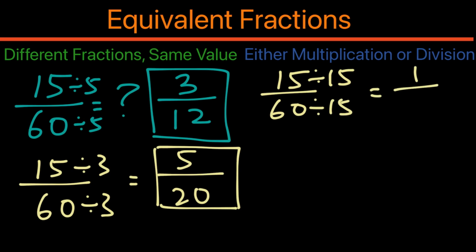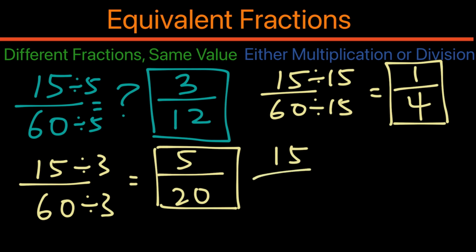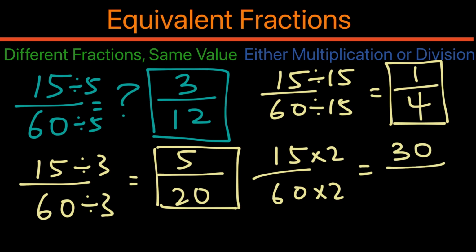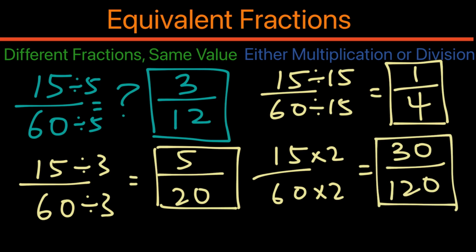That would come out to 1 and 4. Or maybe you want to multiply, say by 2. You would have 30 and 120. So everything here are equivalent to 15/60. So there's an unlimited number of possibilities when it comes to equivalent fractions.